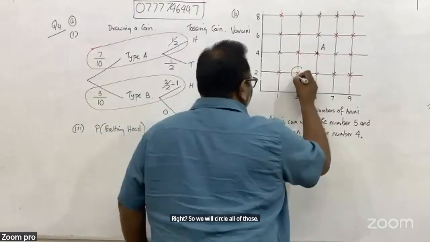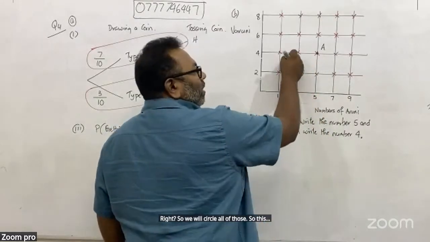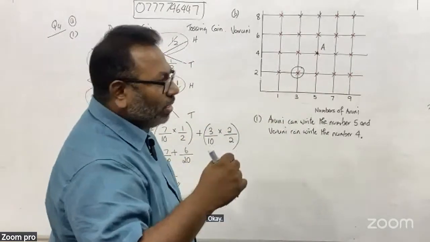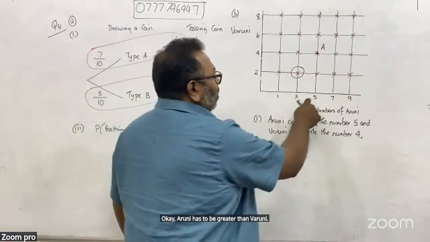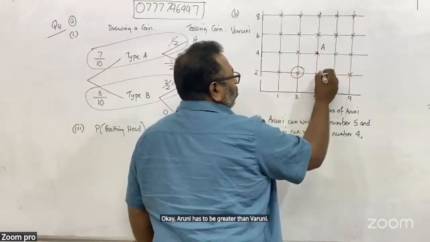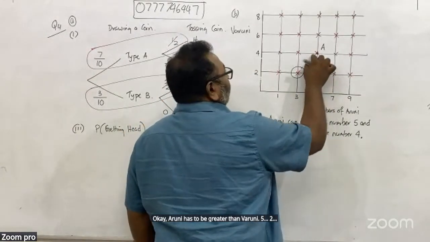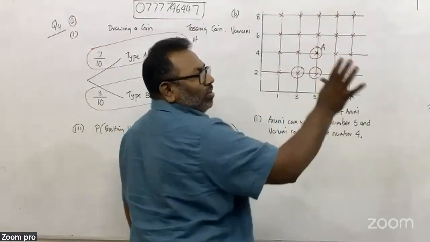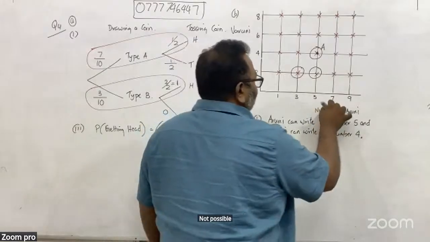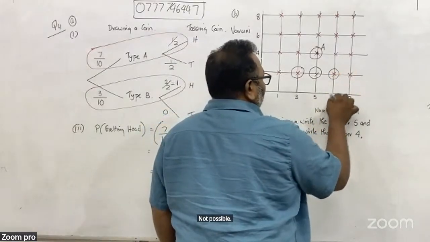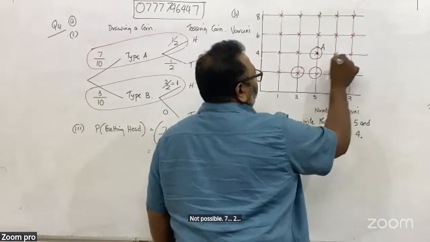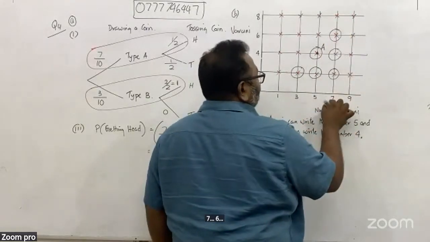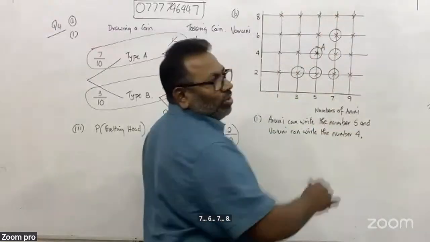So this, 3, 4. So 3 is less. Okay, Aruni has to be greater than Varuni. 5, 2, 5, 4, 5, 6, not possible. 7, 2, 7, 4, 7, 6, 7, 8, not possible.